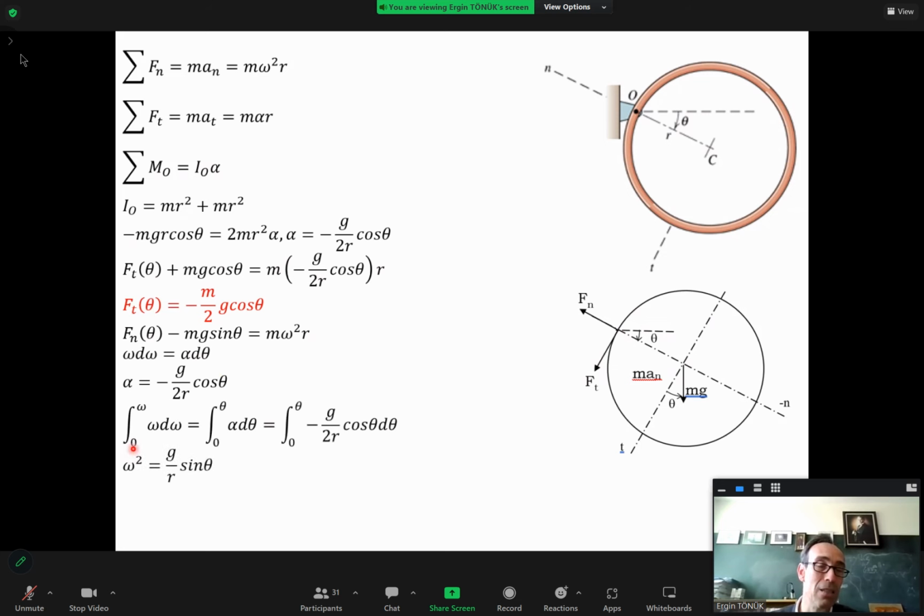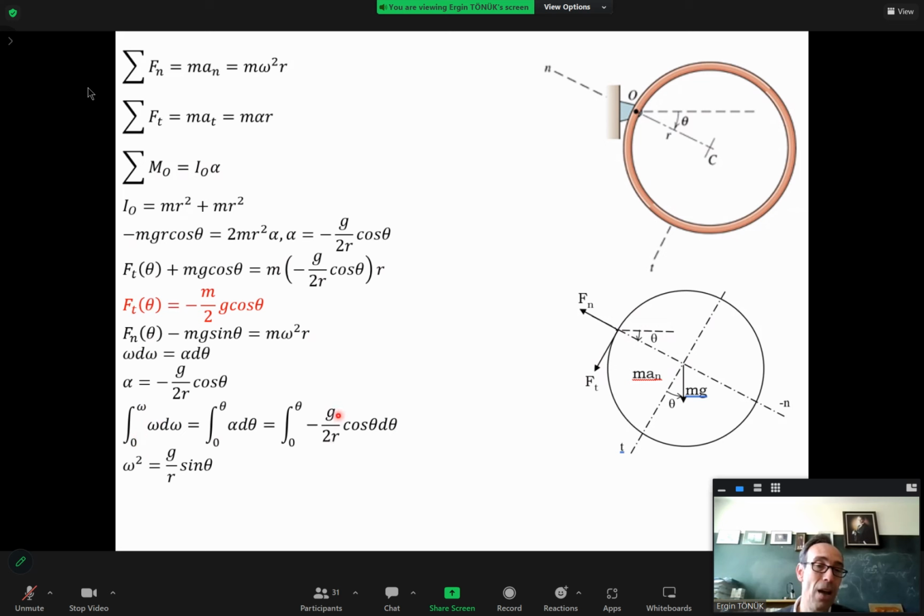Released from rest to the current speed, omega d omega, theta starting from 0 to current theta, alpha d theta. And alpha was negative g over 2r cosine theta, so it's integrable. Now, this is going to yield omega square over 2 in between these two limits.